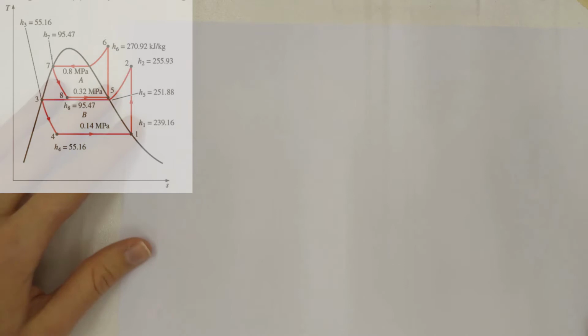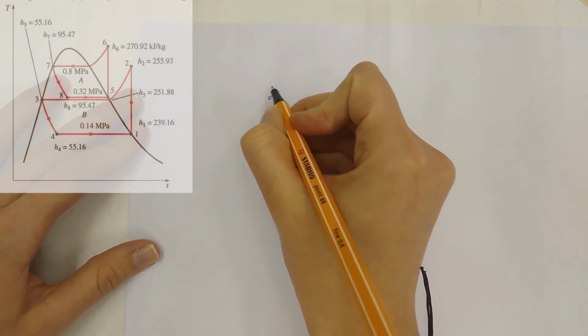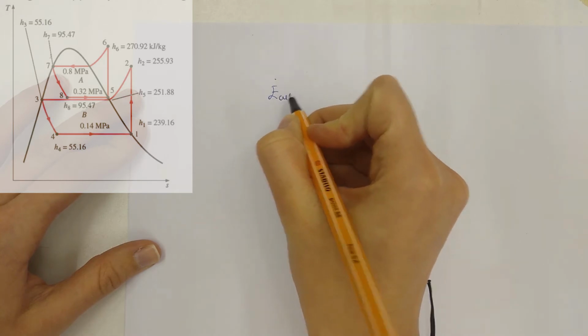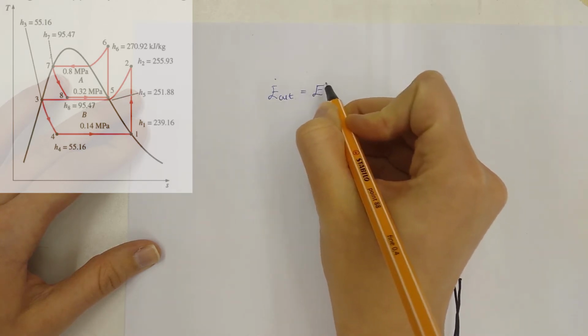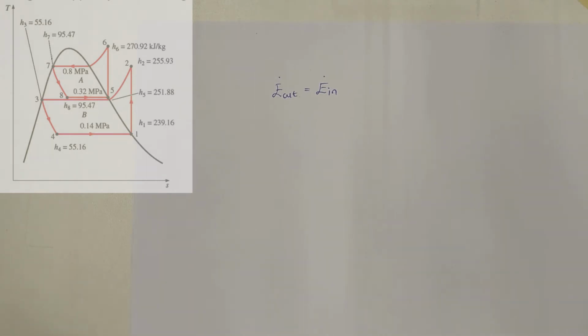Mass flow rate of the refrigerant through the lower cycle: we know that the power output equals the power input, and we can use this formulation. This means that the points between 5 and 8 and the points between 2 and 3 equal the power input or output.